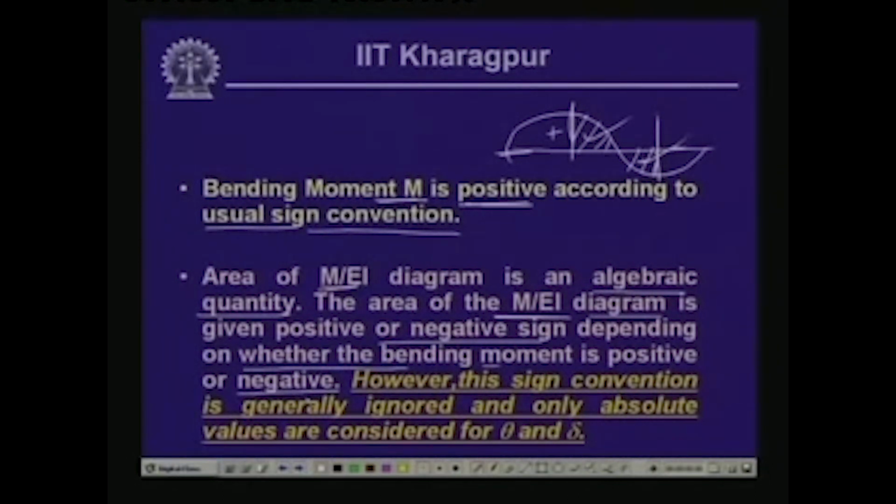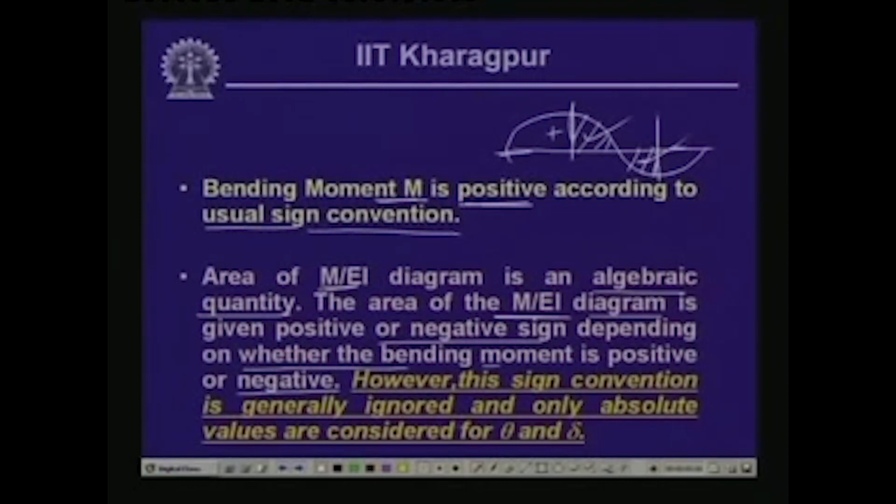But when we try to compute the values of the slope or the value of the deflection, we generally do not bother about these signs. Since we know physically how, because of the loading, it is going to deflect, we just compute the absolute value, and then accordingly we assign the sign depending on whether it is having a clockwise or counterclockwise movement, or whether the deflection is above the baseline or below the baseline.